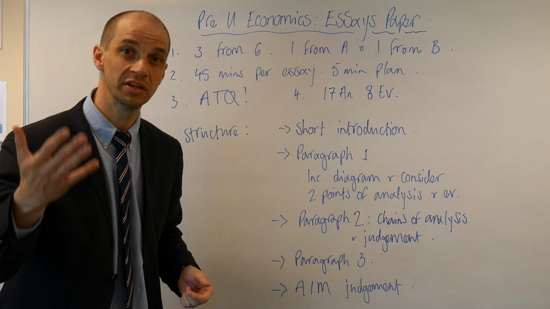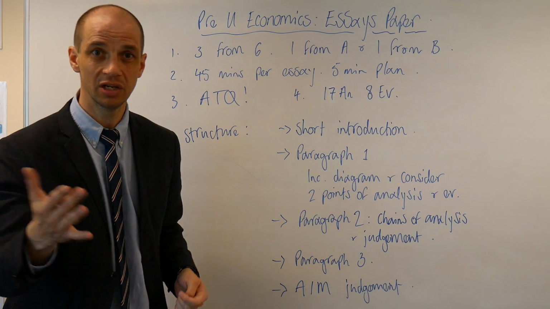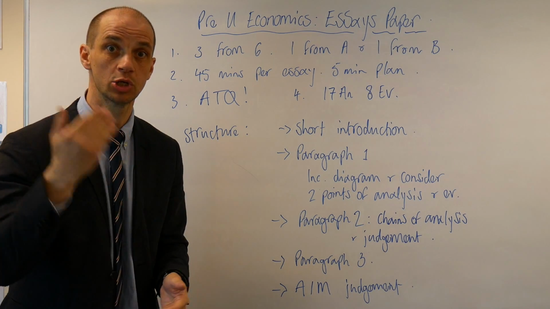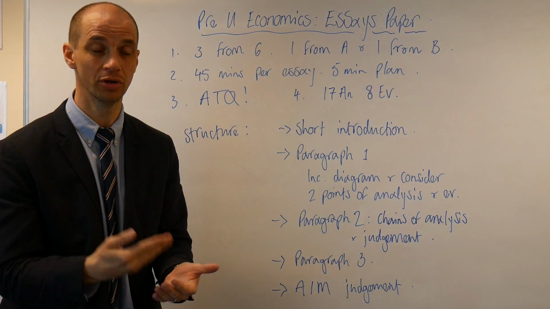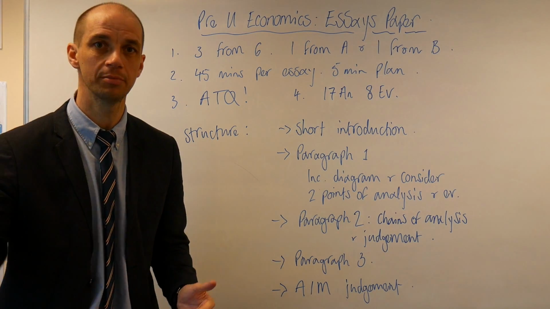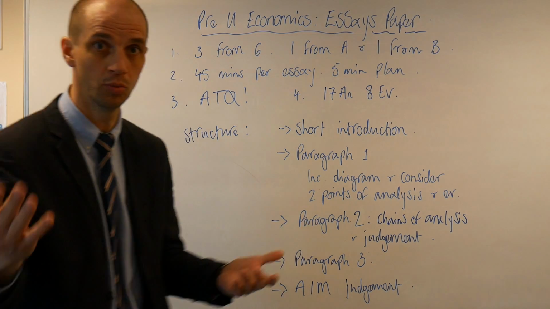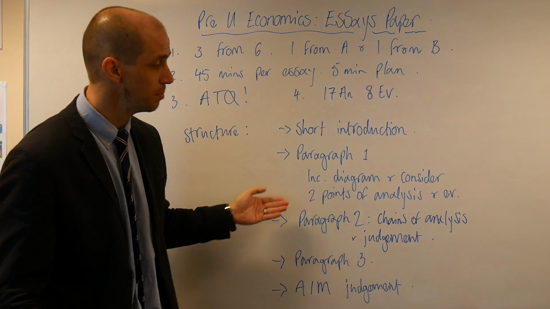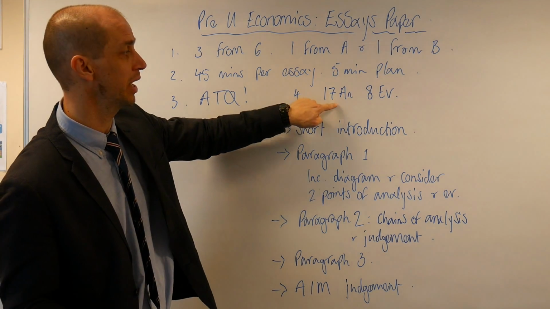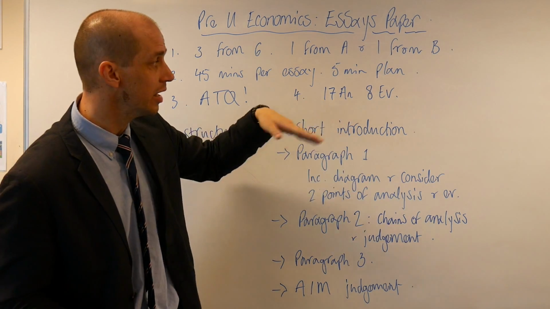So for instance, if it's a market failure externalities diagram, then make sure you actually have some corrective action, perhaps introducing a tax or perhaps introducing a subsidy, depending upon what type of externality it is. But that gives you that second strand of analysis, and that will help you pick up more points here.